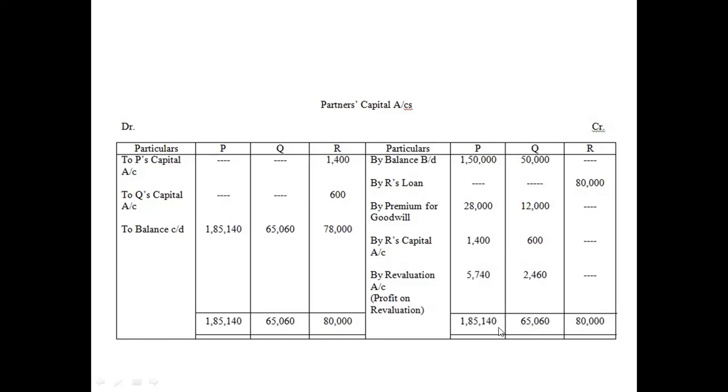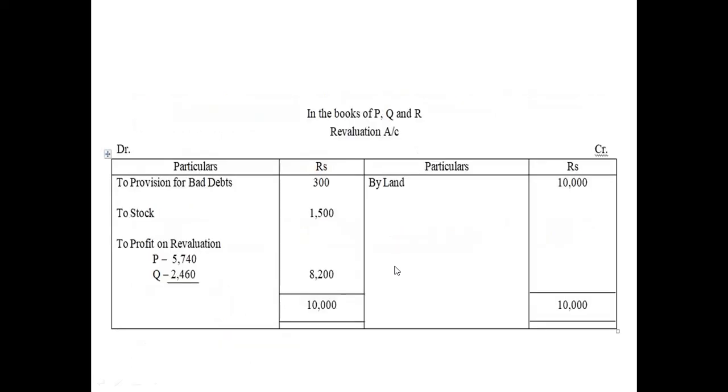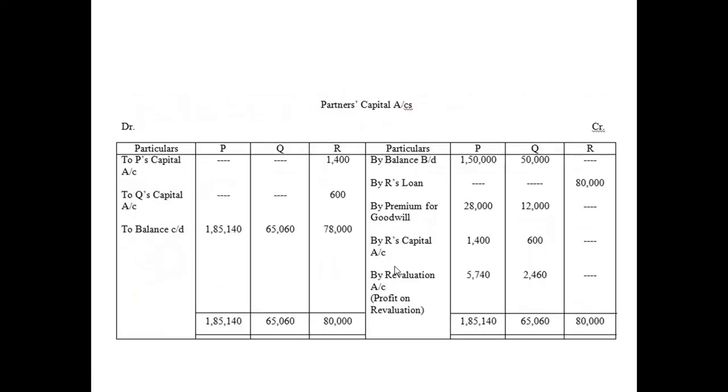Anyway, so let us do the total now. P and Q, and for this adjustment 1400 and 600. The total amount is 2000 rupees, isn't it? So this 2000 is to be now debited to the capital account of R. So we will now debit this amount here to P's capital account 1400, to Q's capital account 600.